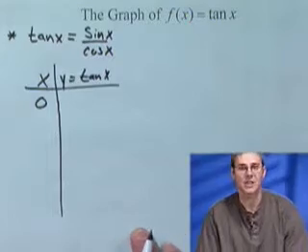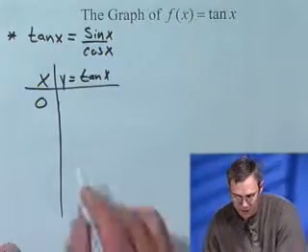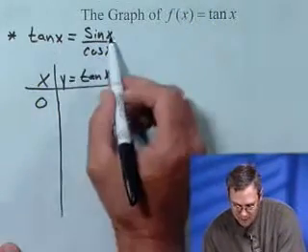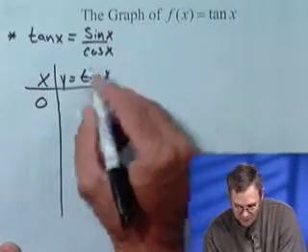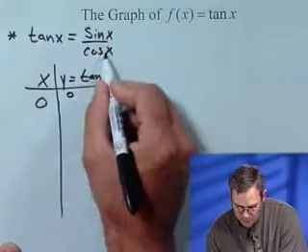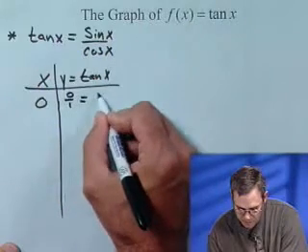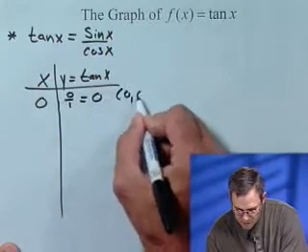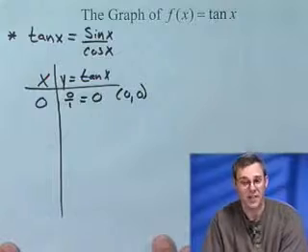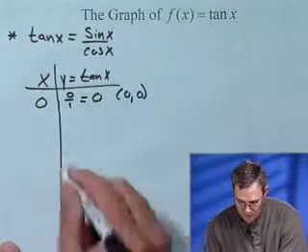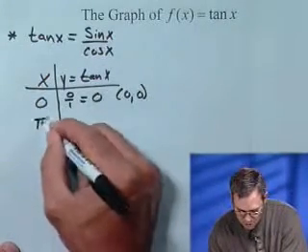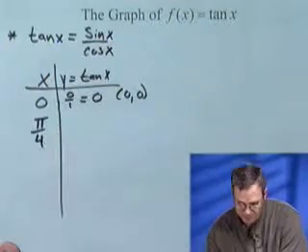All right, let's figure out what the tangent of 0 is. Well, tangent of 0, that's the same thing as sine of 0, which is 0, over cosine of 0, which is 1, which is 0. So there's 1 point on the tangent function. How about if I choose pi over 4?